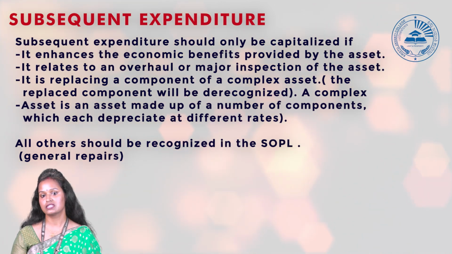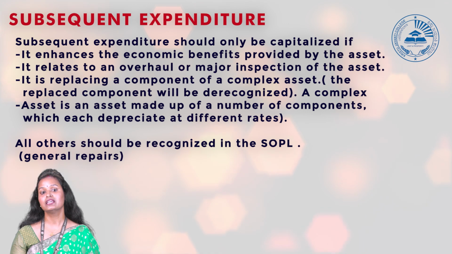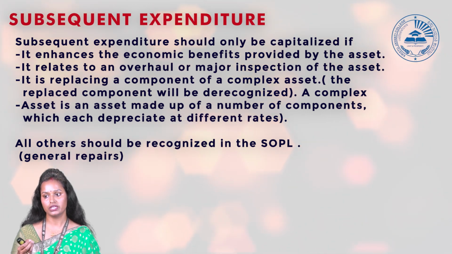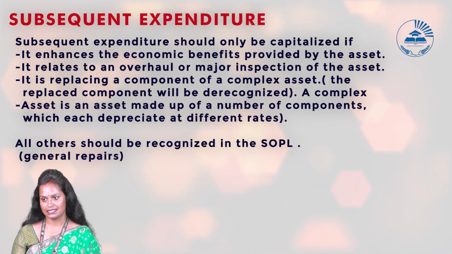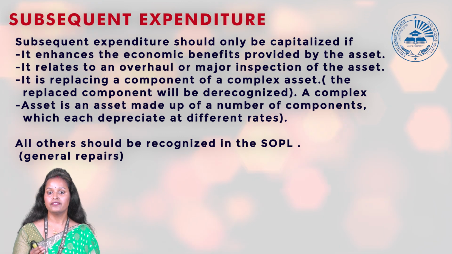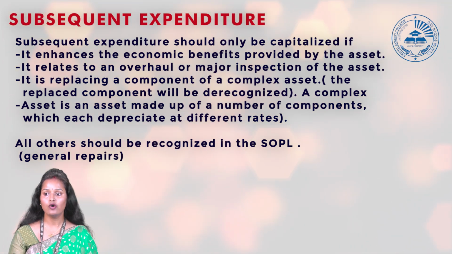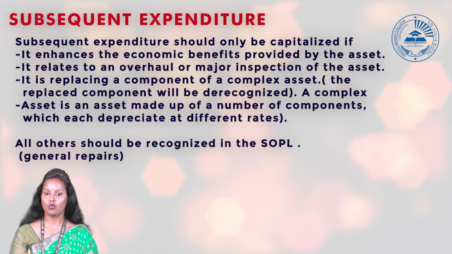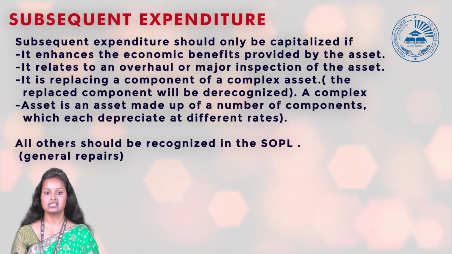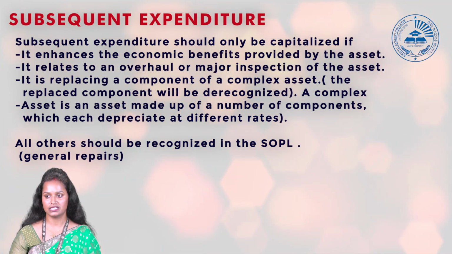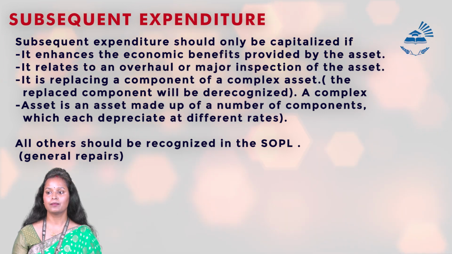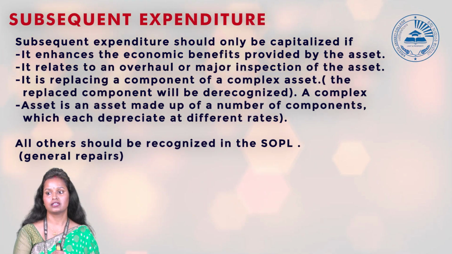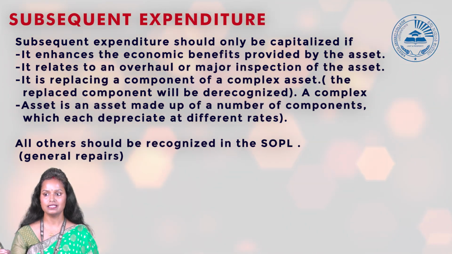So whatever cost is incurred will be the replacement cost, and that will be added to the cost of that particular asset. Okay, now if we are replacing it, how are we going to do the calculation? Basically, for the part we are replacing, we will see what the carrying amount of the same is. Carrying amount here means the total cost minus depreciation.